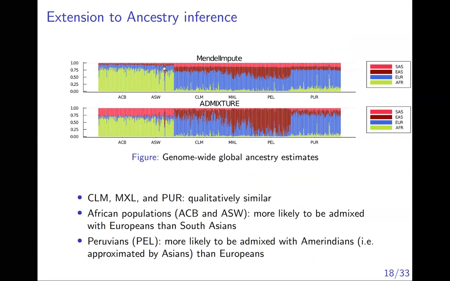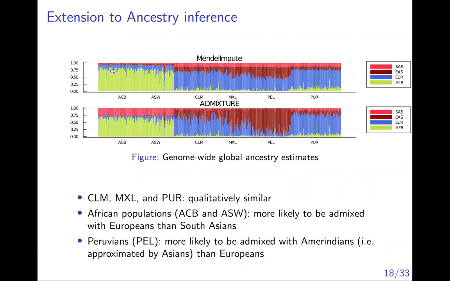Basically, every sample is a column. And then what I'm doing is I'm computing the proportion of ancestries for each sample, right? So here, this sample here is maybe 70% African, 20% European, and 5% South or East Asian. East Asian here represents Amerindian population, so native Indian population.